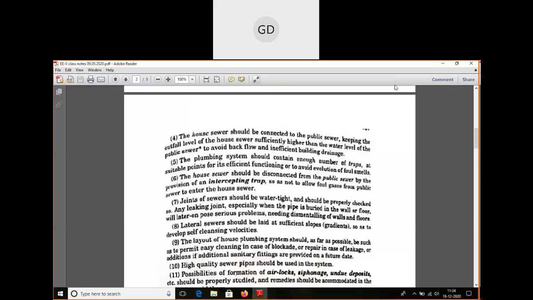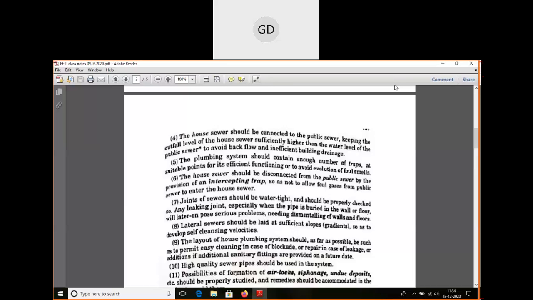While doing the next topic, you will come to know what a trap is, or what an intercepting trap is. It is a type of trap. So the house sewer should always be disconnected from the public sewer by the provision of an intercepting trap, so that the foul gases from the public sewer don't enter the house sewer.